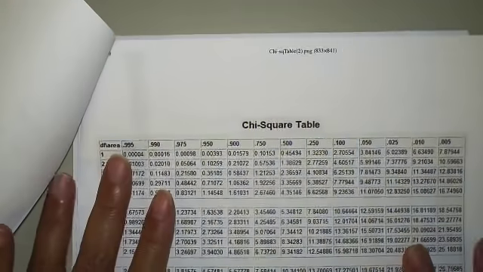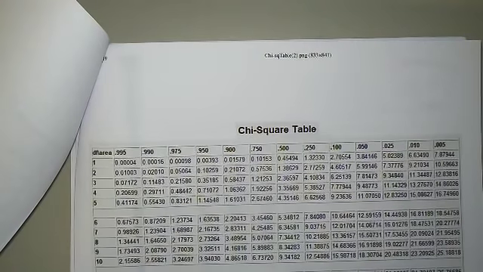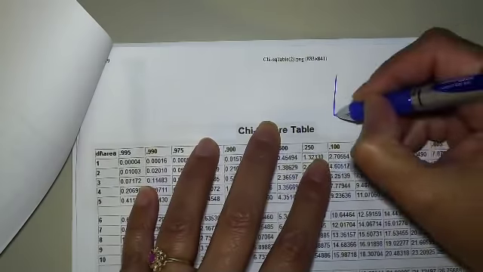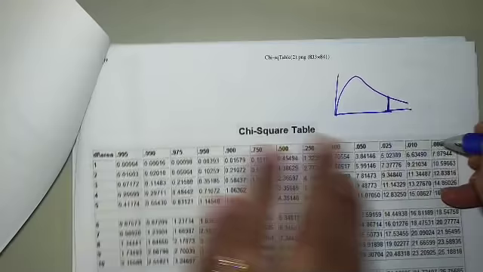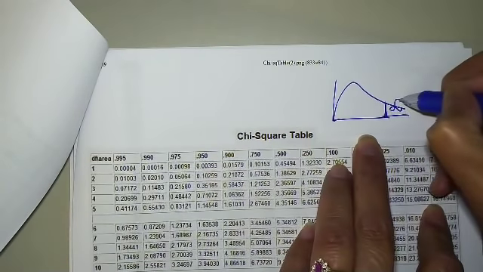And so forth. Then the next table is the chi-square table. There's only one chi-square table. This one we will only deal with the entire alpha.